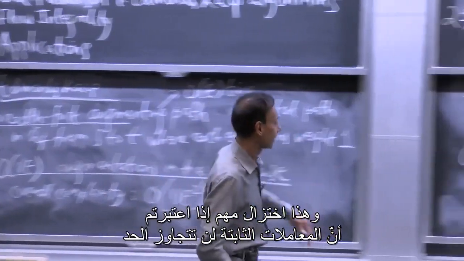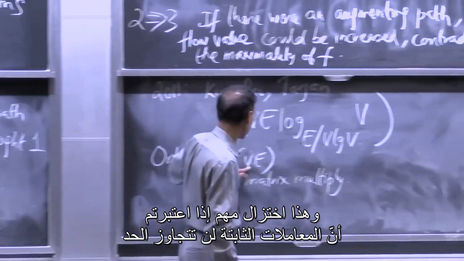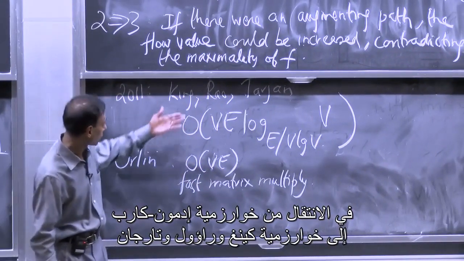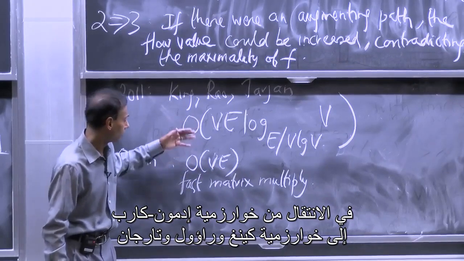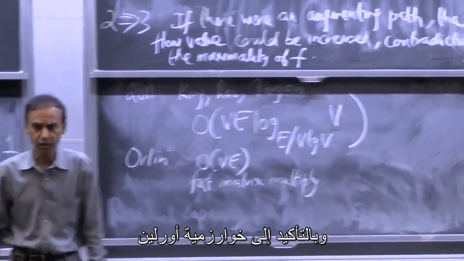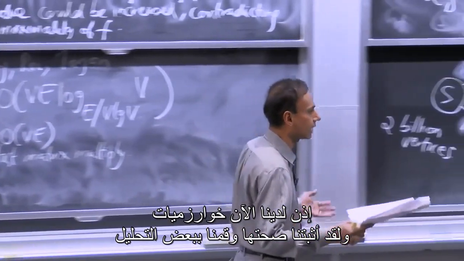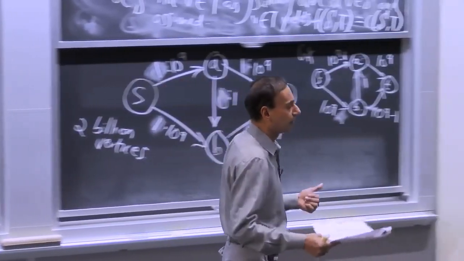And so that's a significant reduction if you assume that constant factors don't explode going from Edmonds-Karp to King, Rao, and Tarjan, and certainly Orlin. Okay? So now we've got algorithms. We've proven them correct. We've done some analysis.